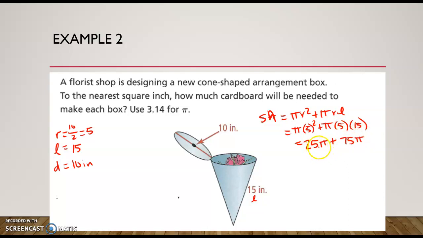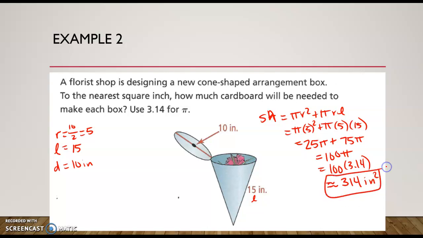So right now we have 25 pi plus 75 pi. I was getting ahead of myself on numbers there. 25 plus 75 is 100. So right now I have 100 pi. So we're going to take that 100 times 3.14, and we're going to end up with approximately, because we're using the approximation of pi, not pi, approximately 314 inches squared.